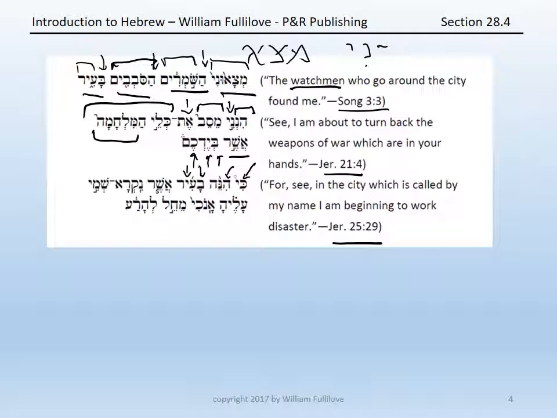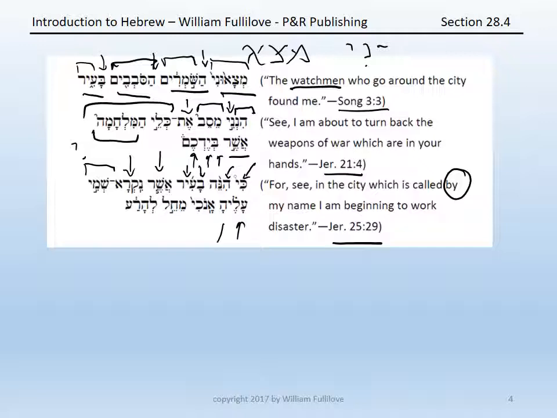So for look or for see, in the city is then described, asher, relative, which, nikra, nifal perfect, third masculine singular, which it is called, shemi, shem, name plus i, possessive suffix, which is called my name. In English, we have to supply by my name.